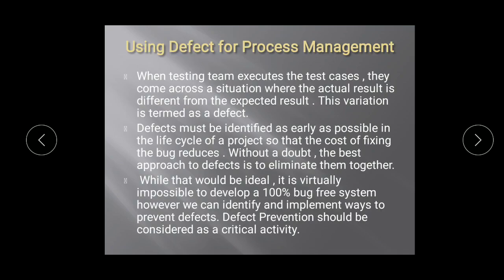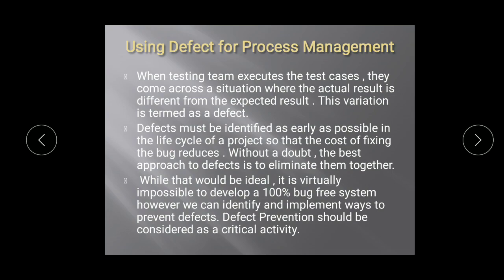Next is using defects for process management. For process management, if we use defects, what can be done? When the testing team executes the test cases, they come across a situation where the actual result is different from the expected result. So when a testing team is working, they are not getting the expected output, they are getting something different as the actual output.